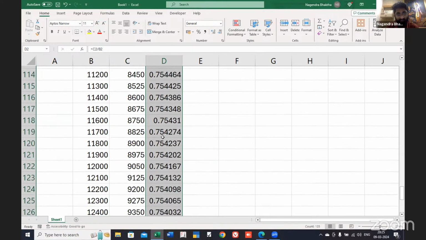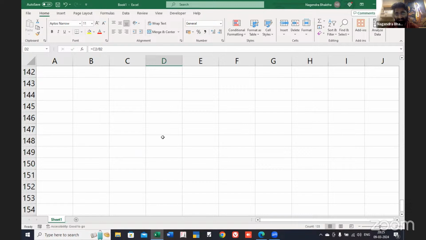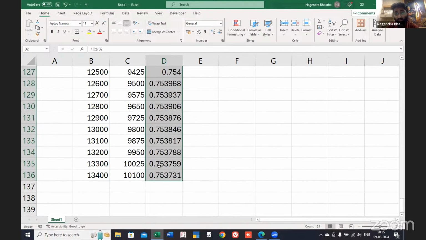Where did it come to? Can you see that? It can never go below 0.75 and it can never touch 0.75.